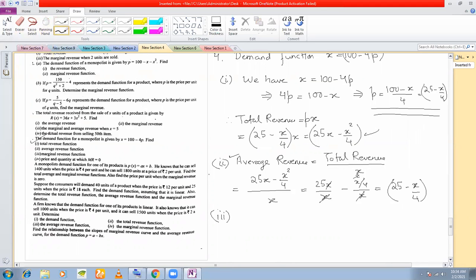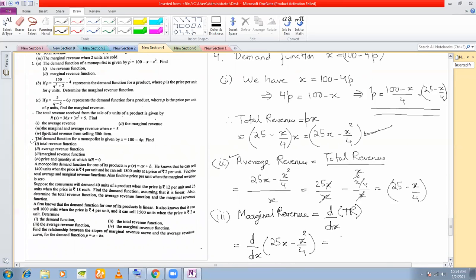Next is marginal revenue. What is marginal revenue? It is the differentiation of total revenue, right? What is the total revenue? 25X minus X square by 4, which is d/dX of 25X minus X square by 4, right?